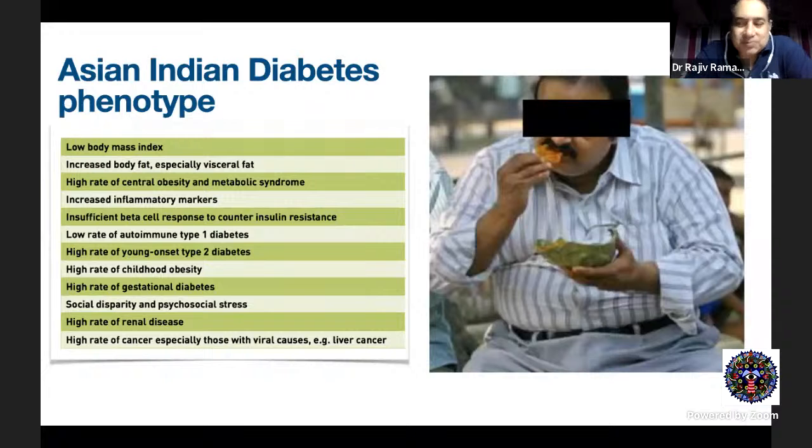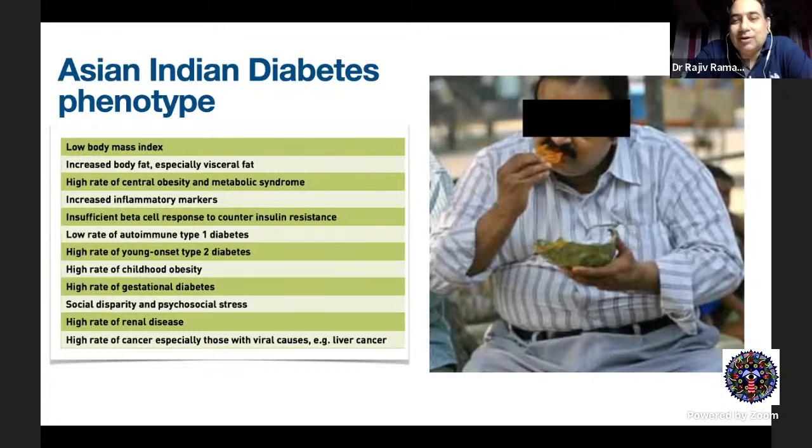And there is a specific phenotype which has been described, called the Asian Indian diabetes phenotype. So people with diabetes in India are a bit different from those with diabetes in other countries. We have a low BMI, more abdominal fat, more visceral fat, more central obesity, more inflammatory markers, and insulin resistance, and we have a high rate of type 2 young onset.